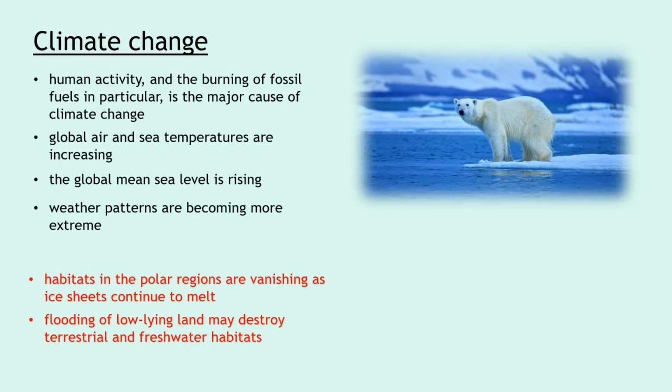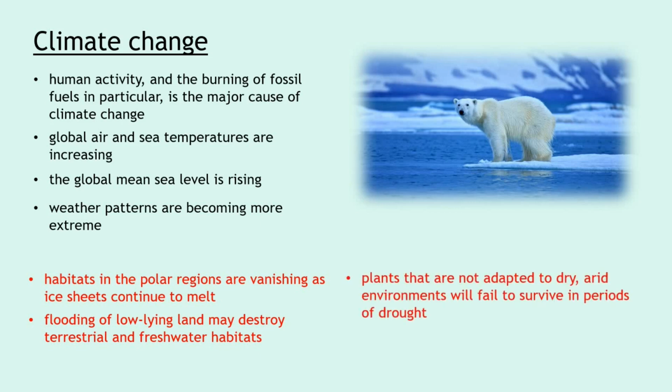Now, if global temperatures are increasing, if periods of drought are going to be longer, then plants that are not adapted to these dry, arid environments will fail to survive. And so all the crops that we rely on now will also potentially become extinct. So with this expansion of dry, arid environments northwards and southwards, we will have to find new crops.